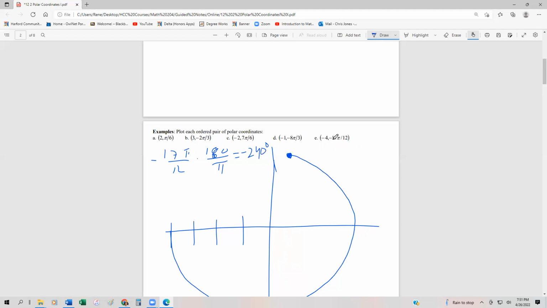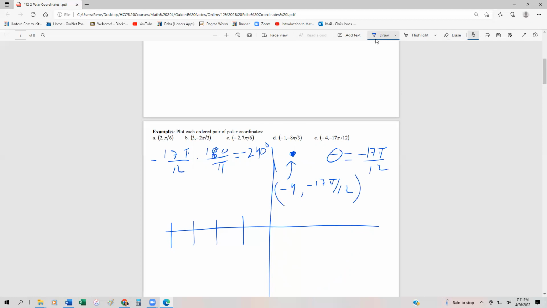So this angle right here would be negative 17 pi twelfths, and this would be our point, negative 4, negative 17 pi twelfths.